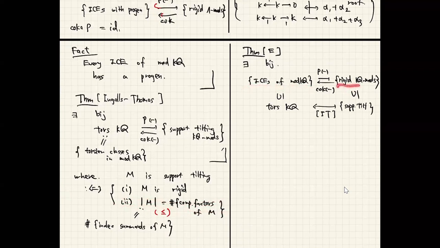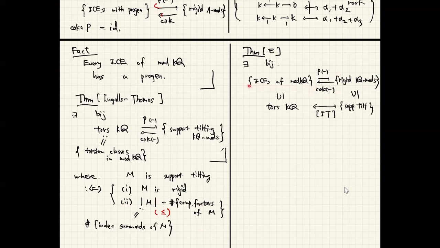And rigid modules or rigid representations are very natural objects, and they behave well from the viewpoint of homological algebra. So they are homologically nice modules, and this bijection says that such nice modules correspond to certain subcategories closed under images, cokernels, and extensions.